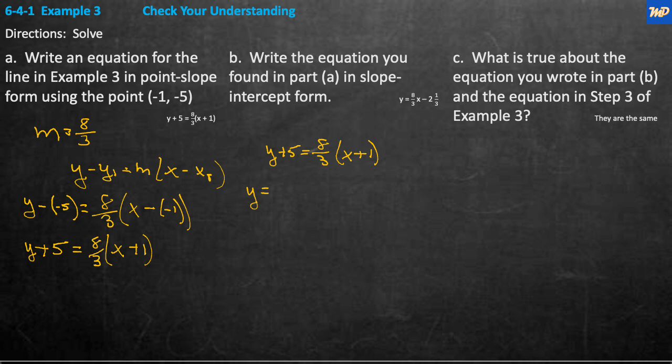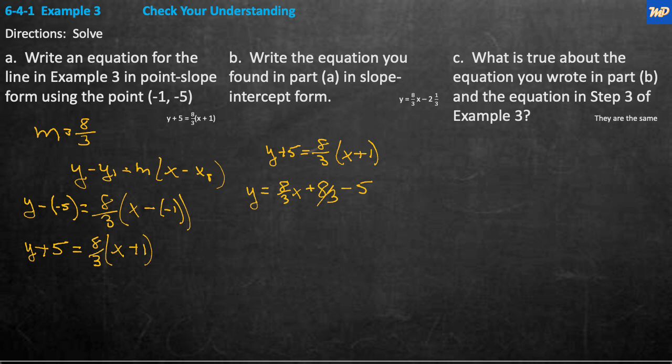We're going to take care of the distributive property. 8/3 times x is 8/3 x plus 1 times 8/3, which is just 8/3. And we have the minus 5 over here.